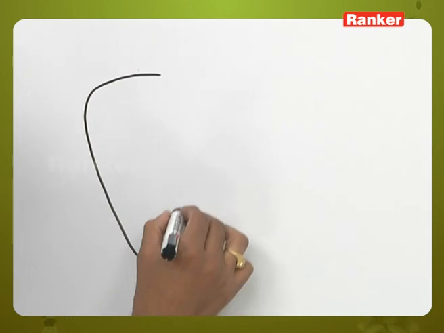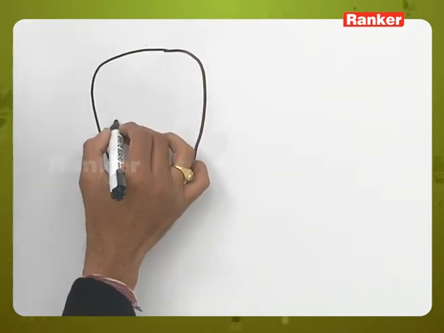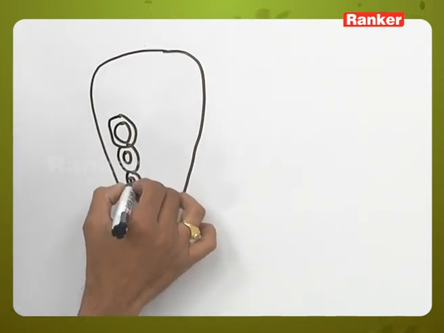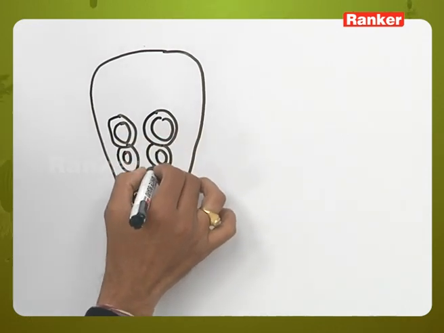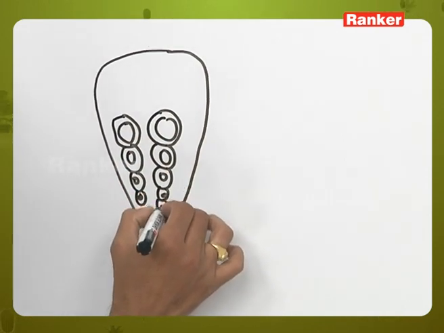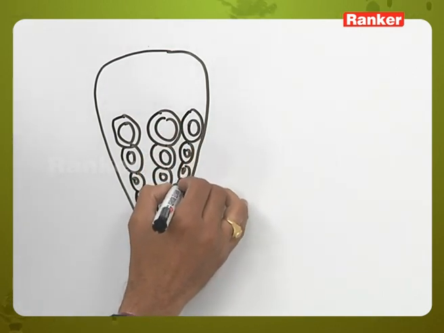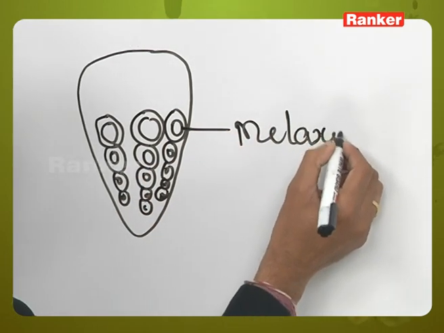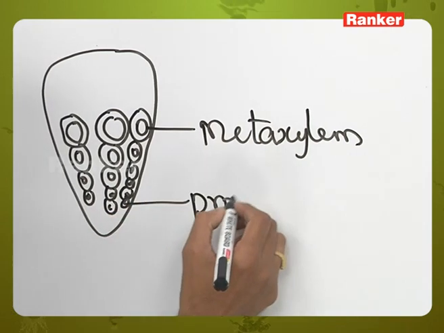If you consider this as a vascular bundle, on the lower side we can see the presence of xylem like this, and in the xylem also the metaxylem is towards the outer side, and protoxylem is towards the inner side. So metaxylem and protoxylem.